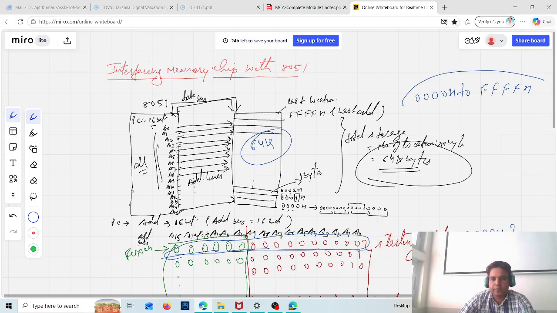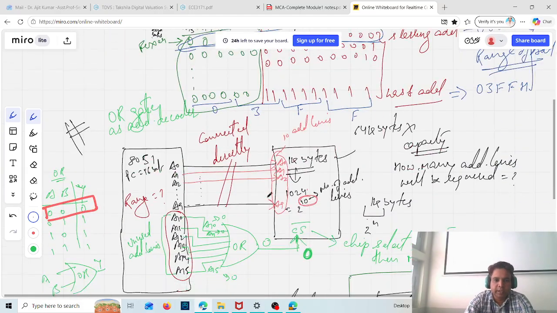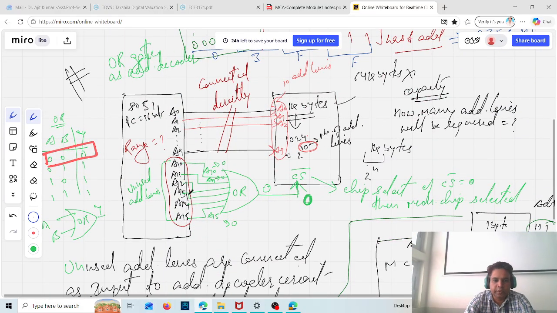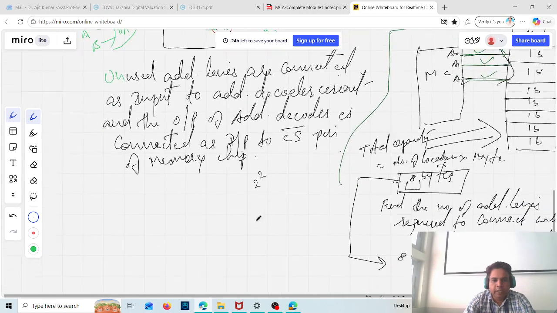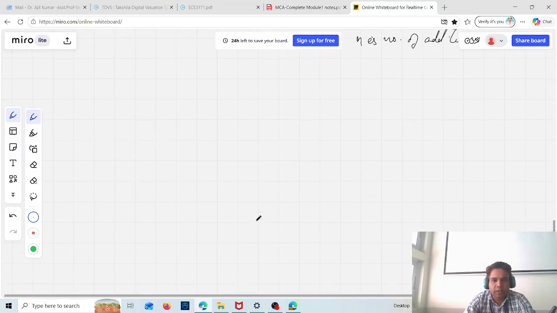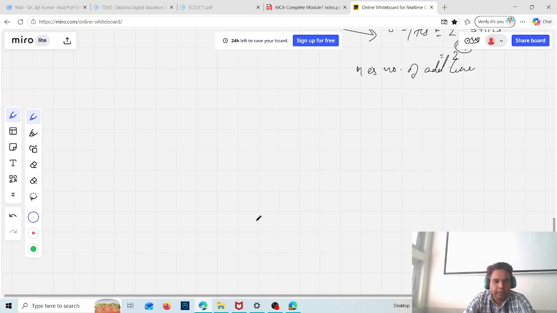This is the range of address when I'm connecting the full memory chip capacity. However, if the memory chip capacity is lesser than this, then there will be unused address lines which will be connected as input to the address decoder circuit, and the output of the address decoder circuit will be used for the chip selection.